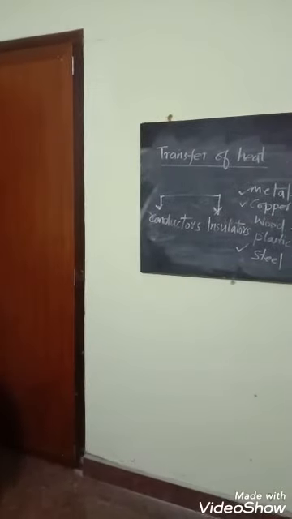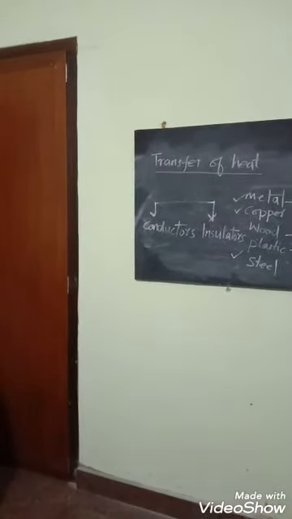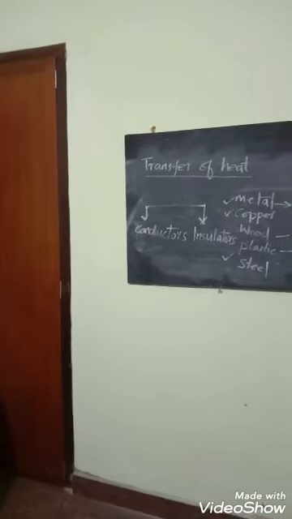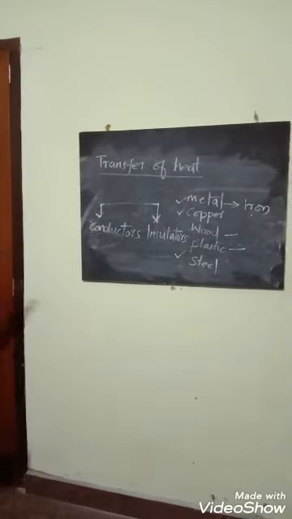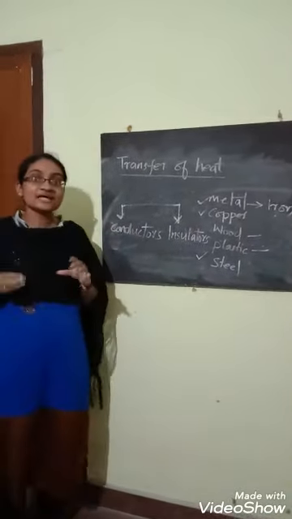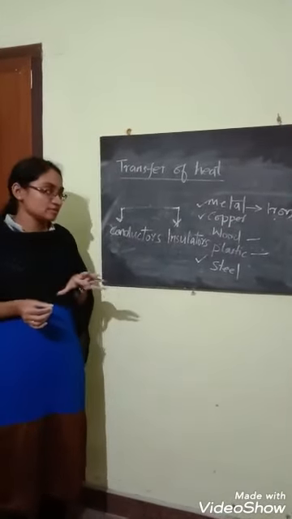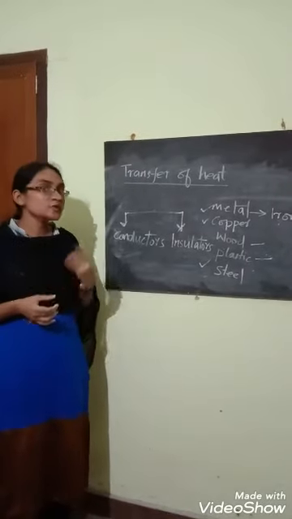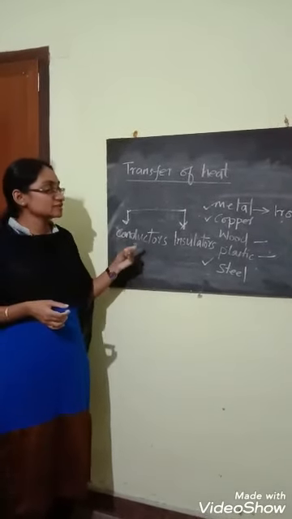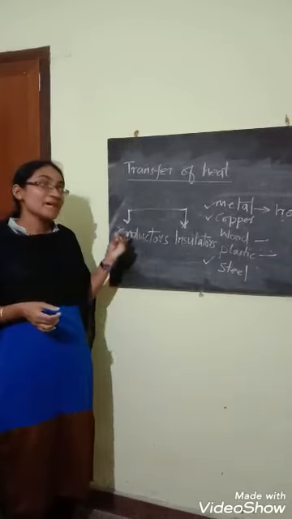Today we explained different things. In the next class, we will discuss how heat is transferred in water and air. The question is, are water and air good conductors or bad conductors?